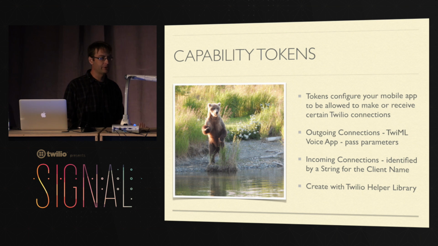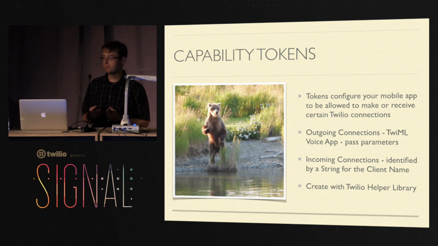To get to capability tokens, just to talk about those a little bit more, what you'll find is that these are just really, really long strings of text. They're not anything sort of human readable. They're what's called JSON web tokens, and there are a lot of ways to generate them. There is server code that you can get for pretty much any server library or programming language: your Python, your PHP, your Node.js.